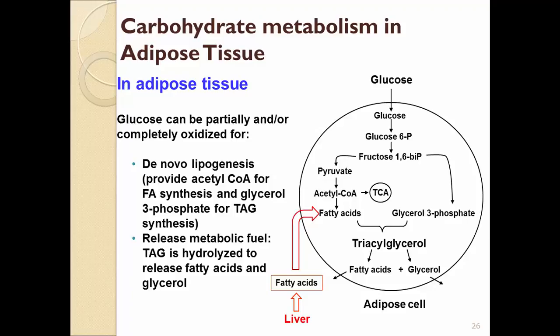So triglyceride is synthesized, and this pathway from glucose to triglyceride synthesis basically occurs in the fed condition, right? When an adipose cell takes a lot of glucose from the circulation and converts it to fatty acids, particularly glycerol-3-phosphate, right?